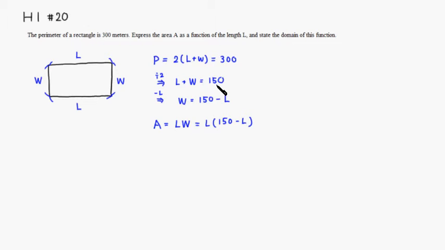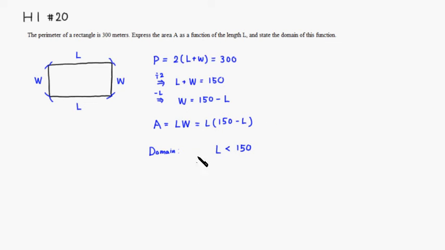Actually, we shouldn't include 150, because if you use 150 here and another 150 there, there is no width. So we can see that L has to be less than 150.